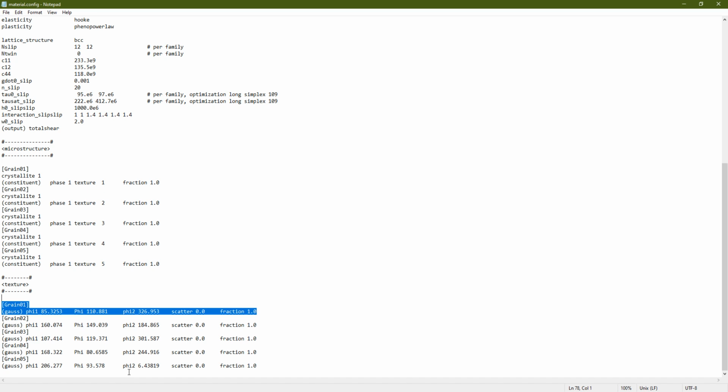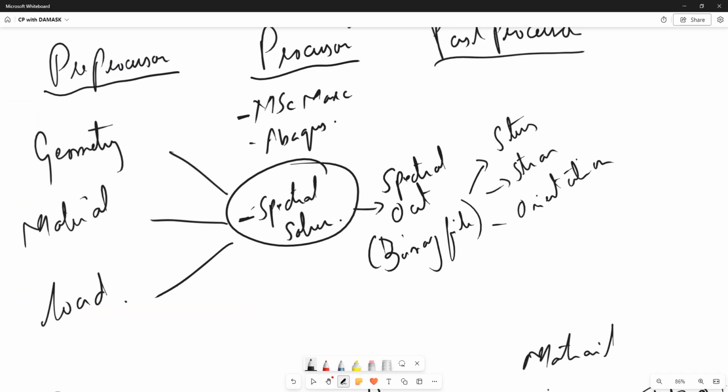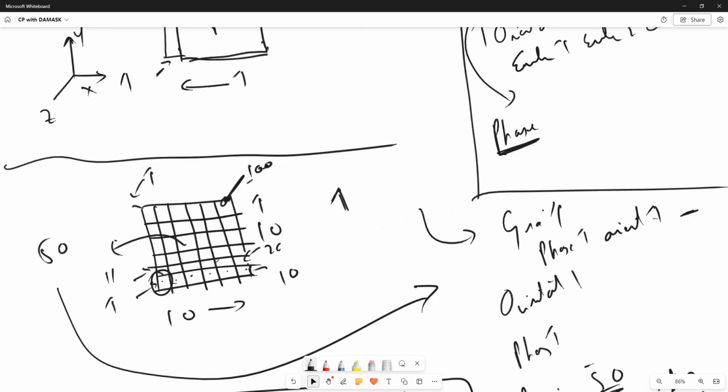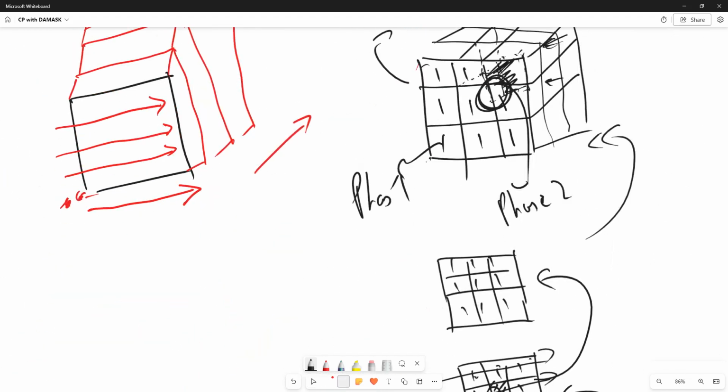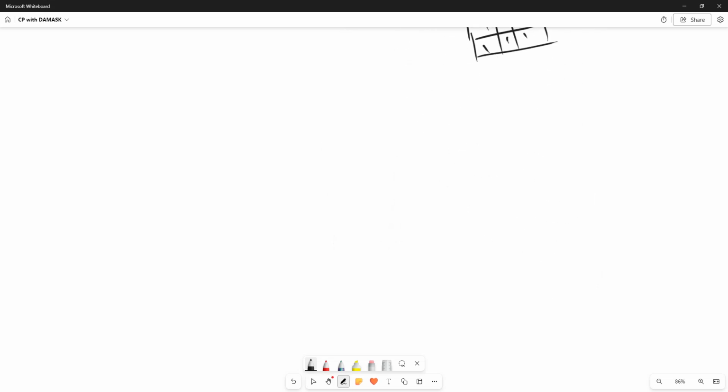Okay, the third file that we have to talk about is the load file. The load file is relatively easy and simple if you have a basic idea about how finite element simulations work. So in the load file, I will go down here and then I will start writing again.